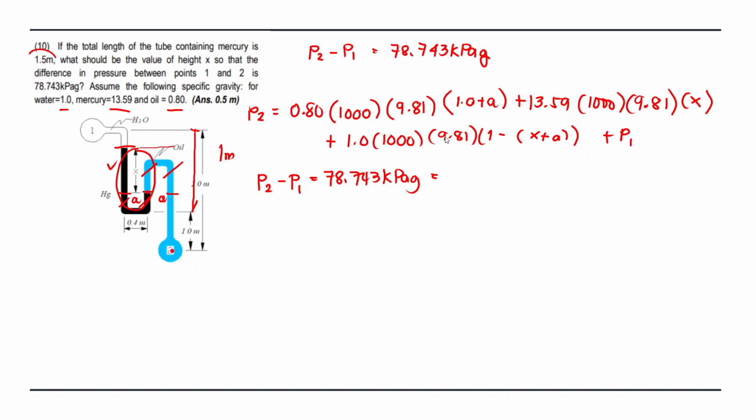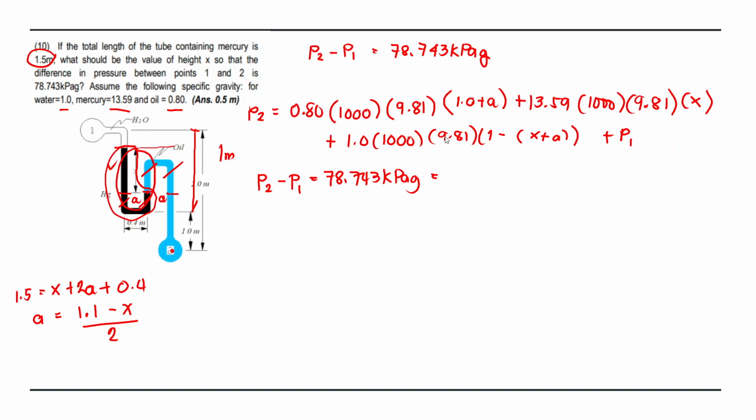May binigay siya, 1.5 meters daw yung tube containing mercury. So, itong part na to is 1.5 meters. So, 1.5 meters equals x plus 2A plus 0.4. So, A is equivalent sa 1.5 minus 0.4, that is 1.1 minus x over 2. So, we can write A as 1.1 minus x over 2.